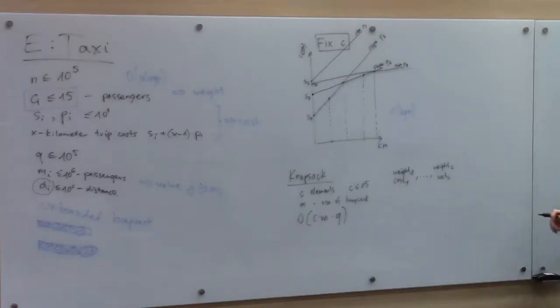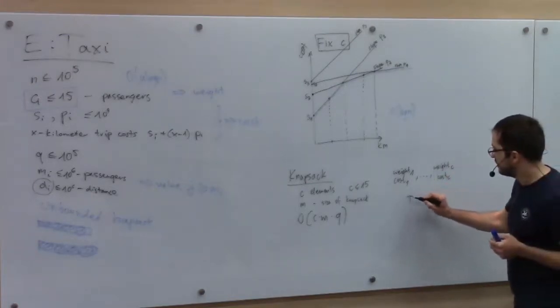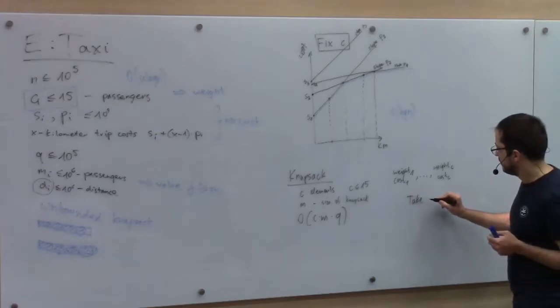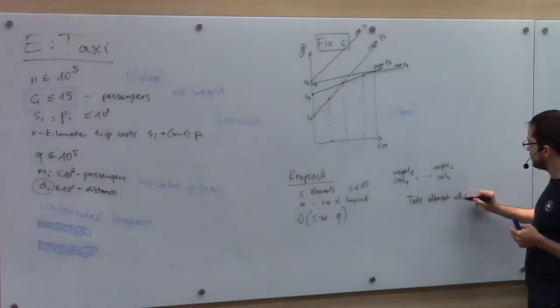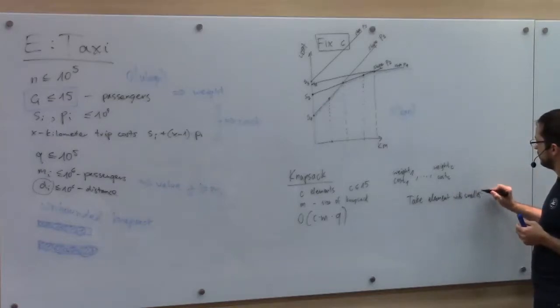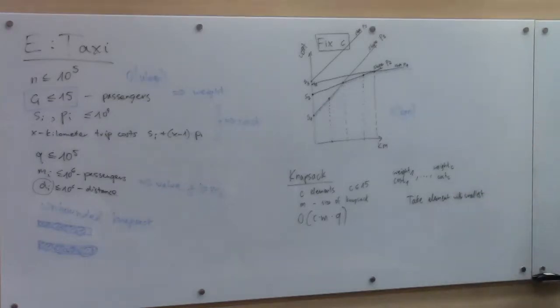What we would like to do is take the element with the smallest ratio of cost to weight.